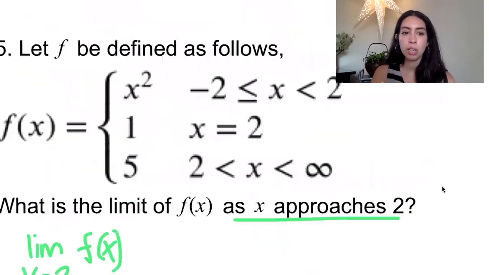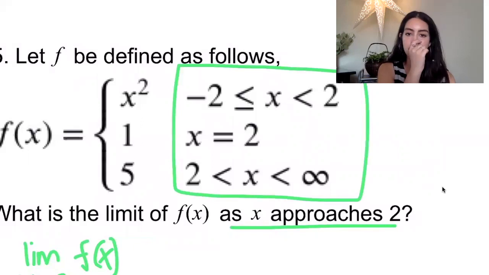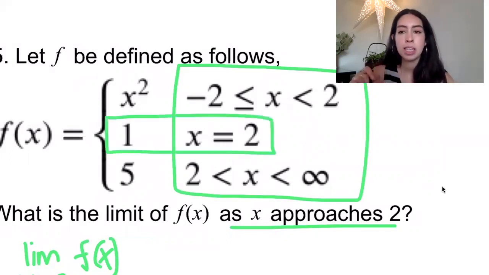So if we look at the piecewise function, what we're really going to be focusing on is this side right here. And so when x is equal to 2, I see that there's a point at 1. Because I'm looking for the limit as x approaches 2, I actually don't really care what's happening when x is equal to 2.